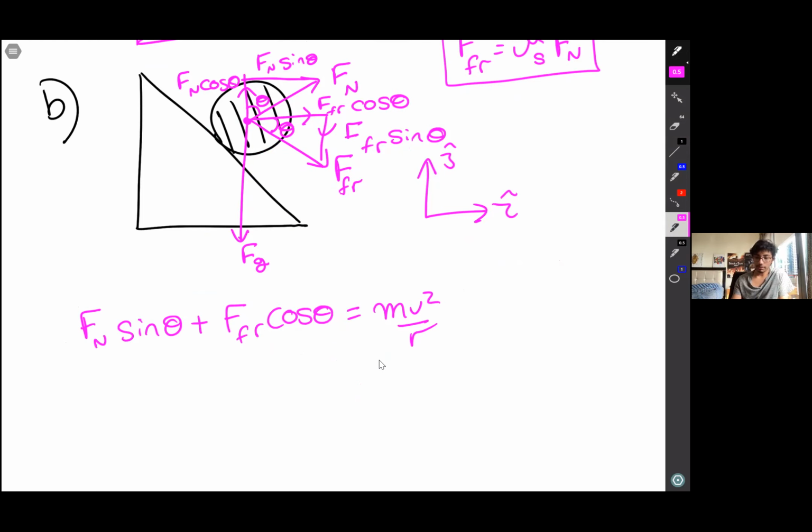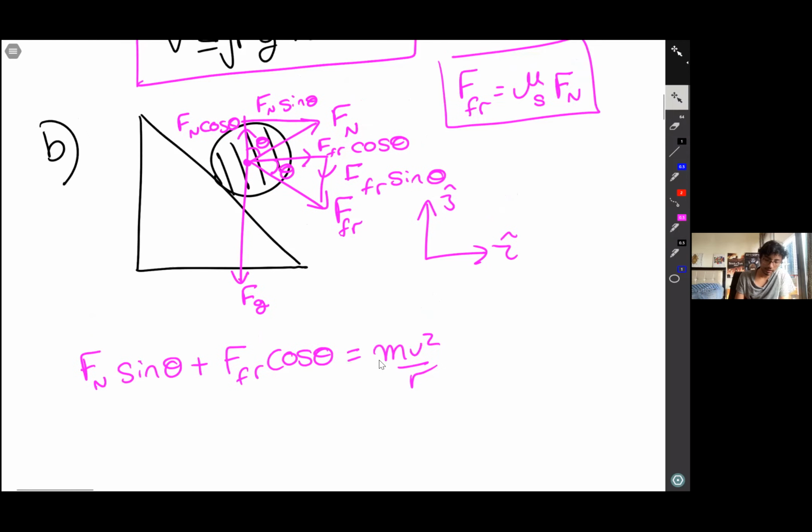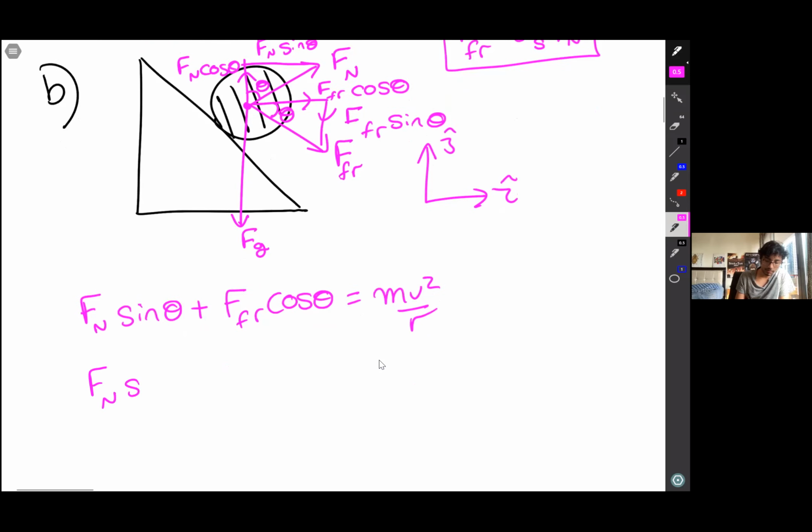Now FFR is equal to mu s Fn, so I can say Fn sine theta plus mu s Fn cos theta is equal to mv squared over r. Let me factor out the Fn.